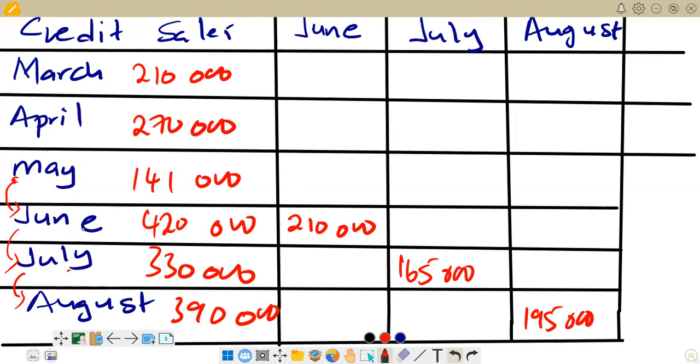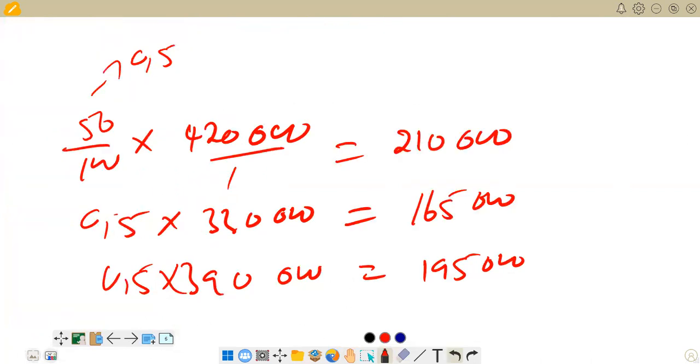So for June, since we have June here in these columns, June is the month we are starting from. So we go to the month before, which is 141,000 for May. Then we say 30%, 0.3 times the credit sales for May, which is 141,000.